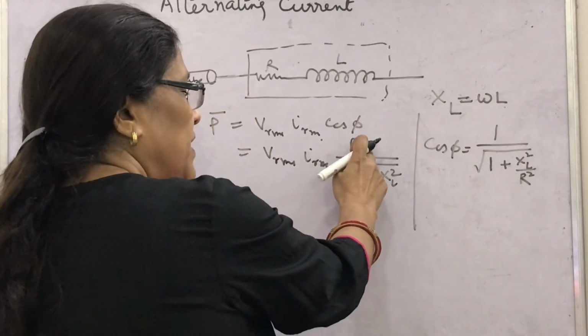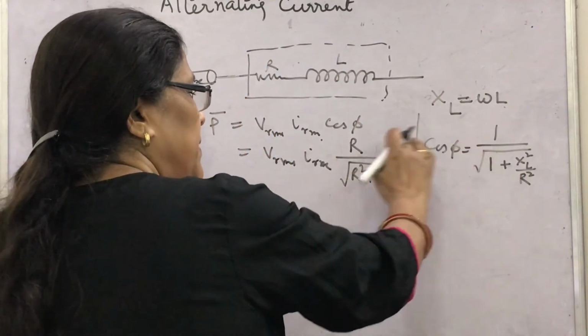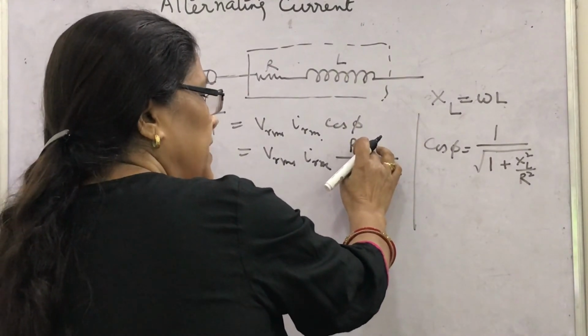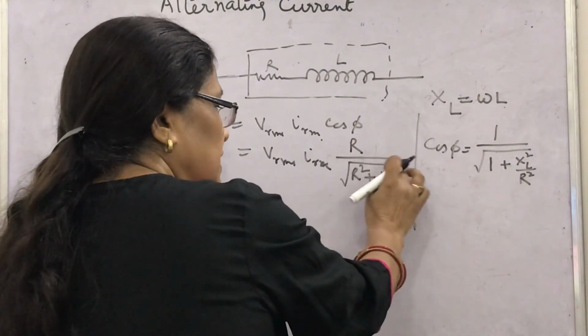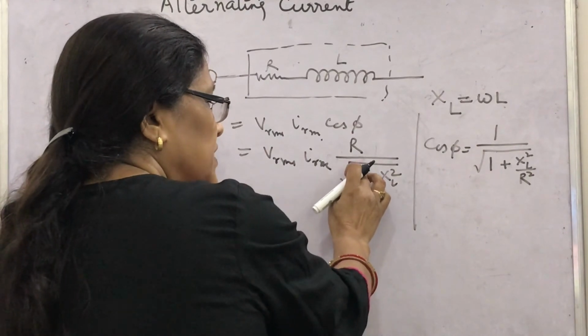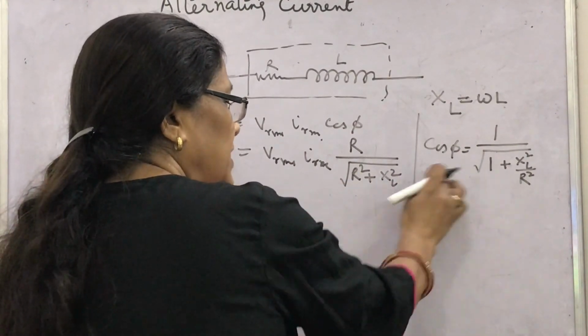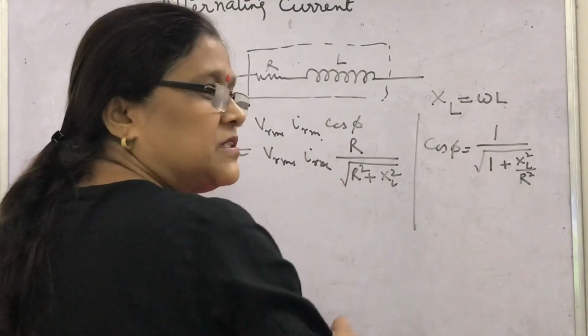If you divide by R, in the numerator it is R, and inside the square root R square upon R square will become 1 and the other term becomes XL square upon R square.